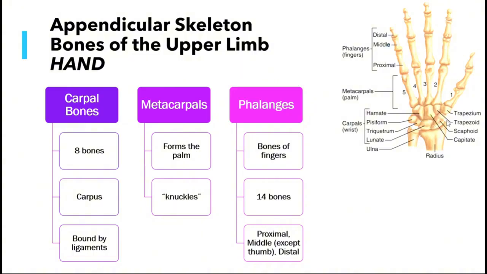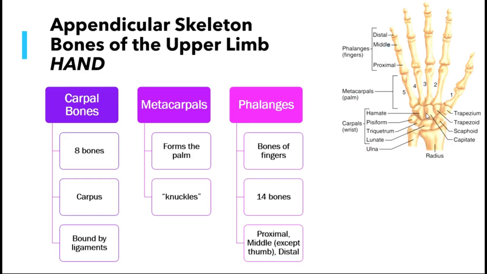The carpus is known as your wrist. It restricts movement between the bones, thanks to your ligaments. Without the ligaments, the movement would not be restricted in the wrist.